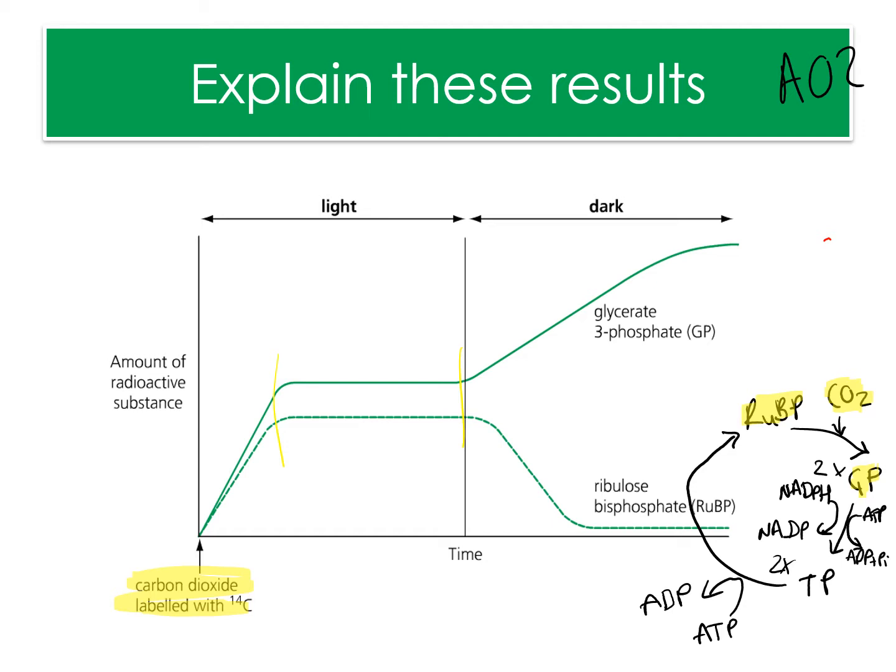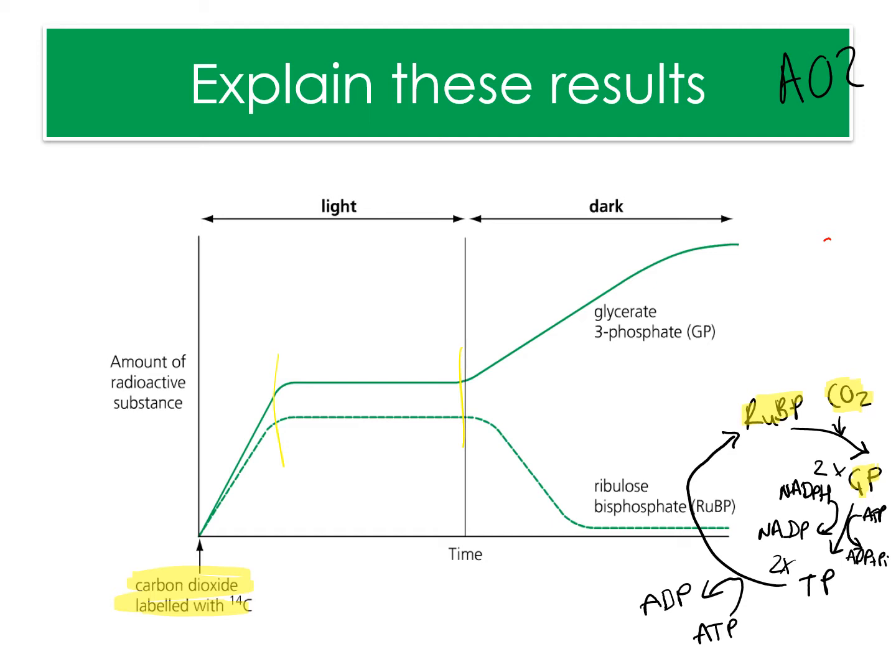So the proportion of those two molecules remains the same when the light is on, because those reactions are going at the same rate. However, when we turn the light out, there are some changes to what is available in the chloroplast.